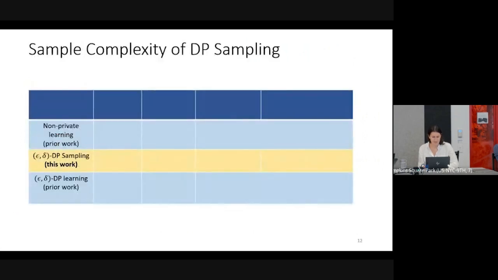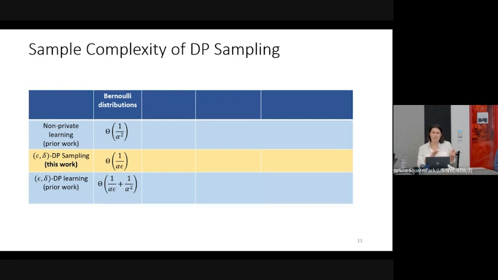All right. So let me give you an overview of our bounds. I've made this table with our DP sampling bounds from this work, and also the non-private learning bounds and the private learning bounds from prior works, so you can see how they compare. We start by looking at the simplest distribution class, which is just Bernoulli distributions, and find that we need 1 over alpha epsilon samples, where alpha is the accuracy.